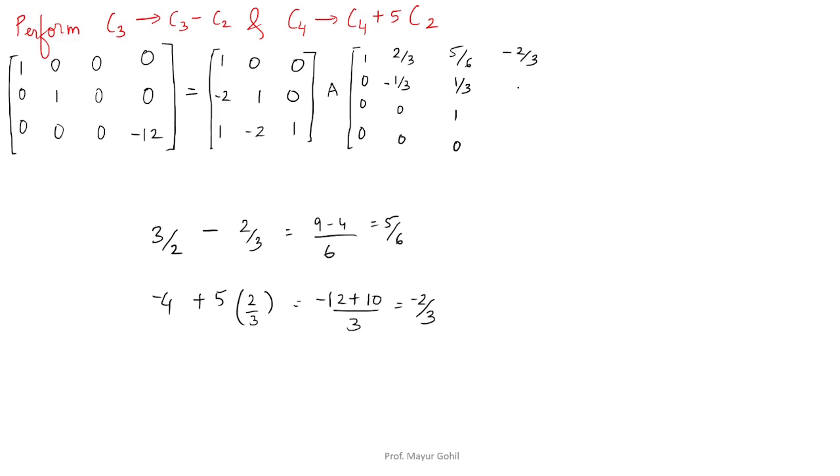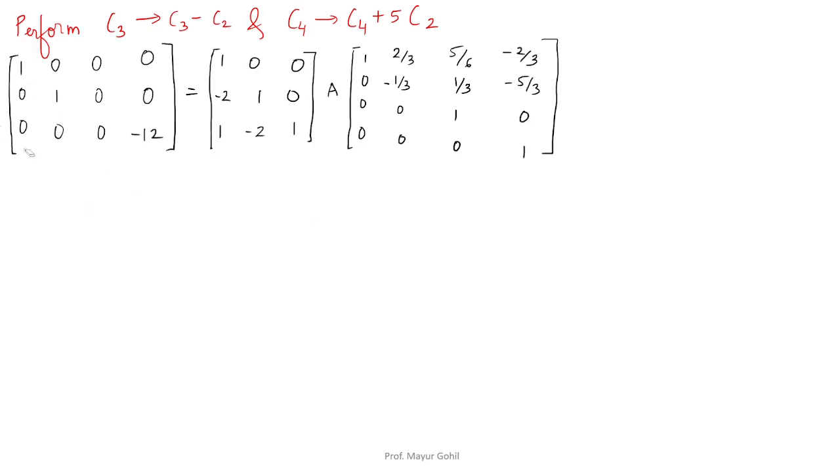And then here there is 0 plus 5 times C2, that is minus of 1 by 3. So that is minus of 5 by 3. Here it is 0, here it is 1. This is the answer that we would get.